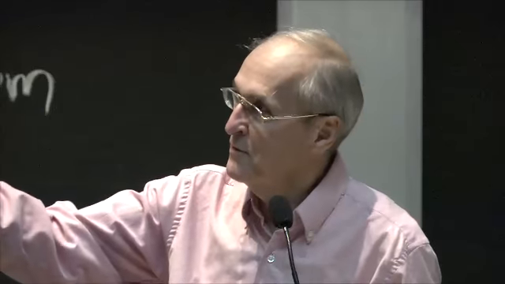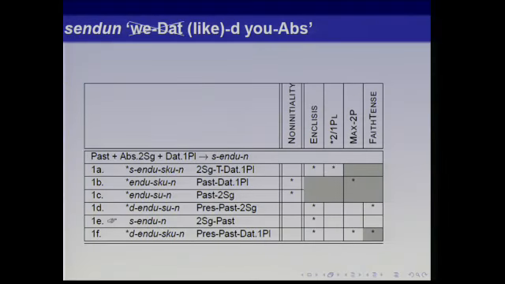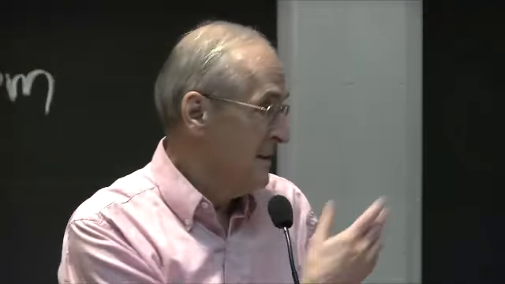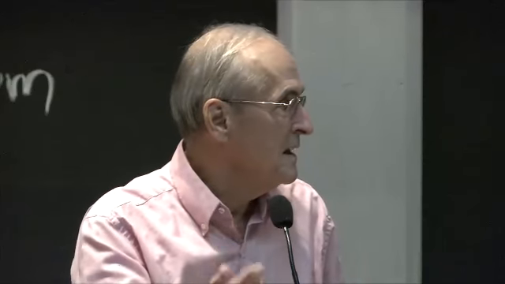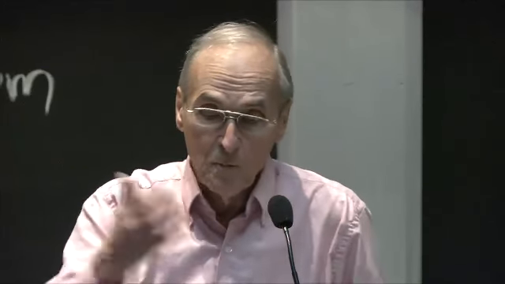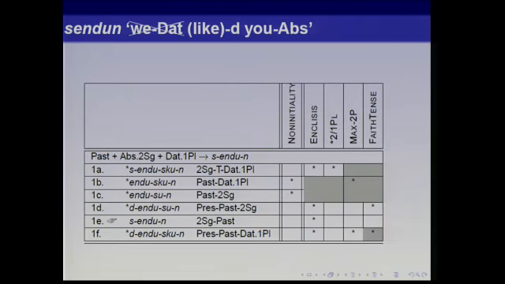Before David throws me out of here, one more, which is what happens in the past. In the past we can't use this, at least not in Ondaru, we can't use this D or whatever it is, and so we get a completely different form precisely because we have just different morphology.